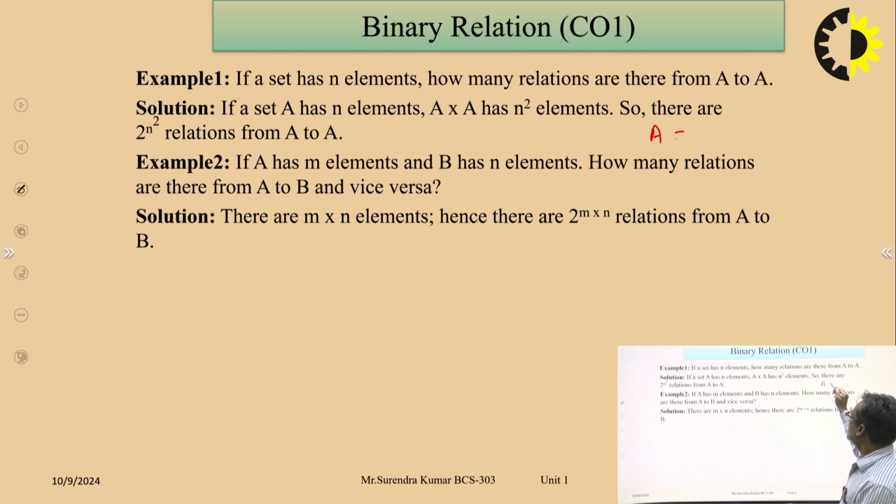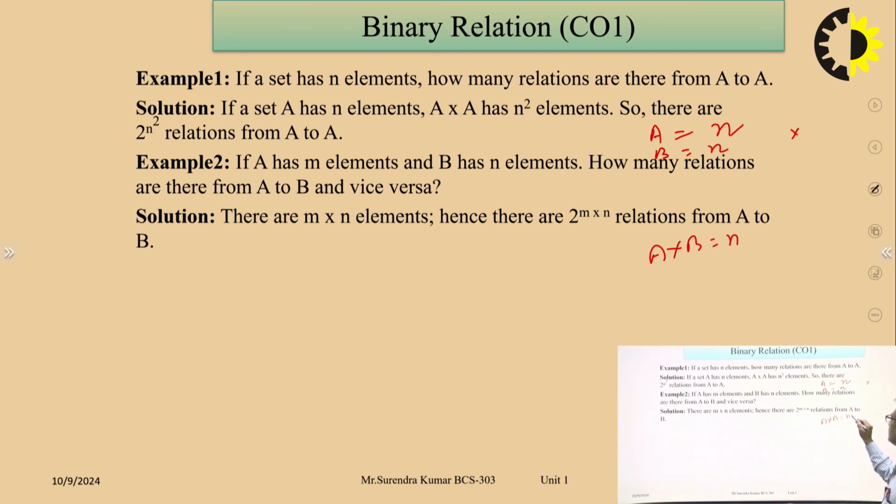If we have a set A which contains n elements, and a set B also containing n elements, the Cartesian product A cross B will contain n cross n elements, that is n square. And if we talk about how many relations there can be, it is 2 raised to the power n square. So this many relations can be formed from A to A.